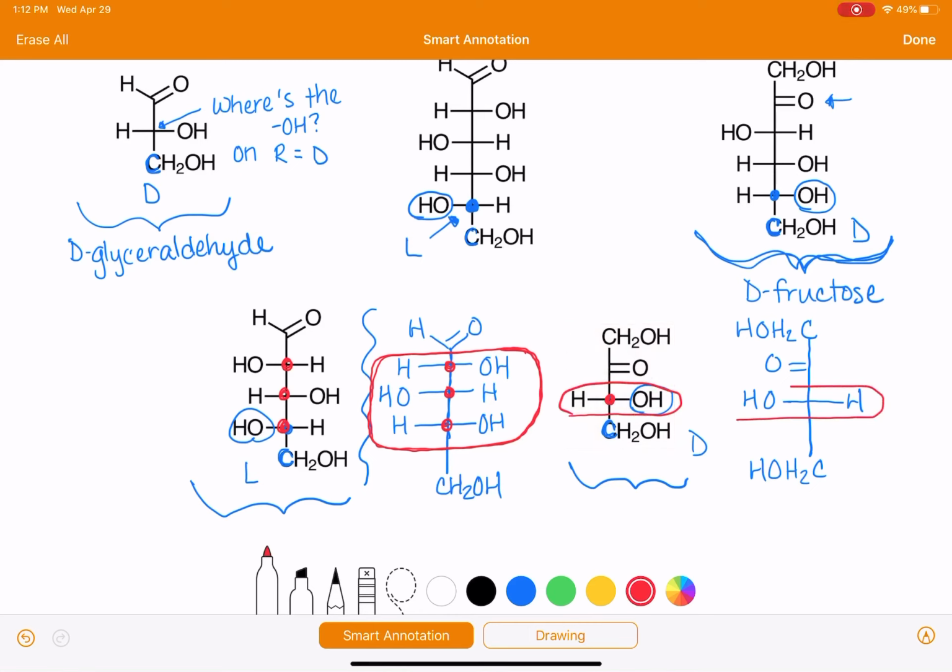So if you're looking at Sapling and the structure that you drew is not an option, look for an option where the top and the bottom carbons were not mirrored, because technically they don't have to be. They are not chiral. And also this guy right here, which is also not chiral, is not mirrored. So it could look like this. Again, the most important part is that you're mirroring the chiral carbon, this guy right here.